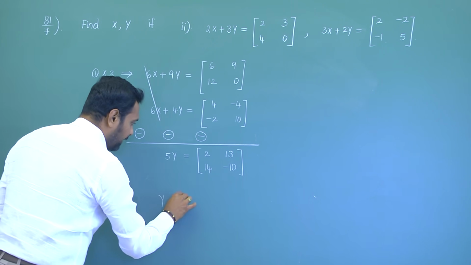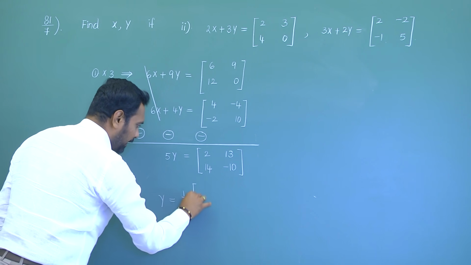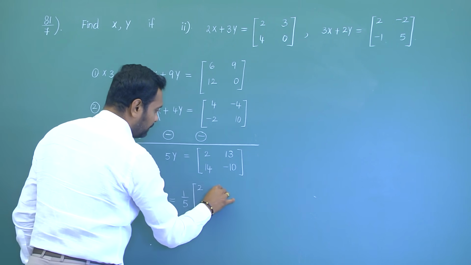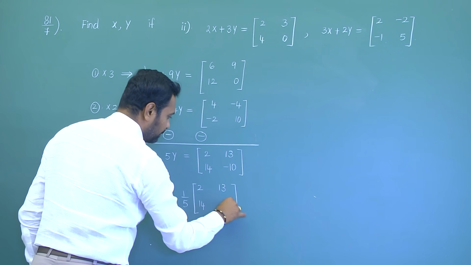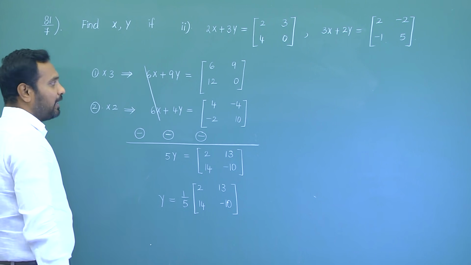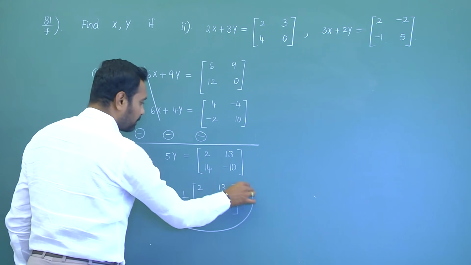So capital Y equals matrix 1 by 5 into [2, 13; 14, minus 10] is the matrix we will get for capital Y.